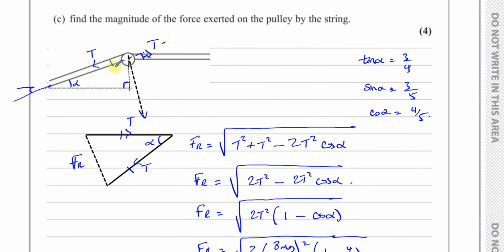So I could have found the whole angle, divided by 2, and then said t times cosine of this angle plus t times cosine of that angle will give me the answer. The whole angle we could have found by doing 90 plus this angle, which is basically 90 minus that angle.